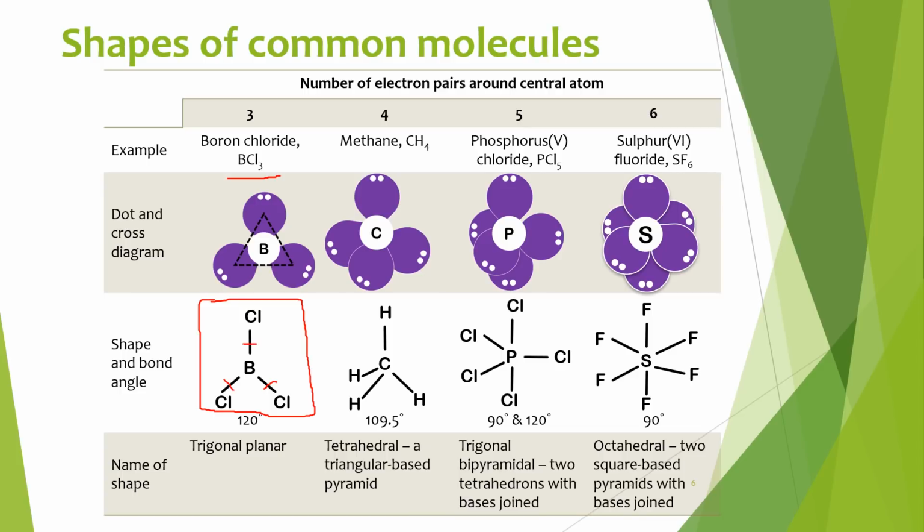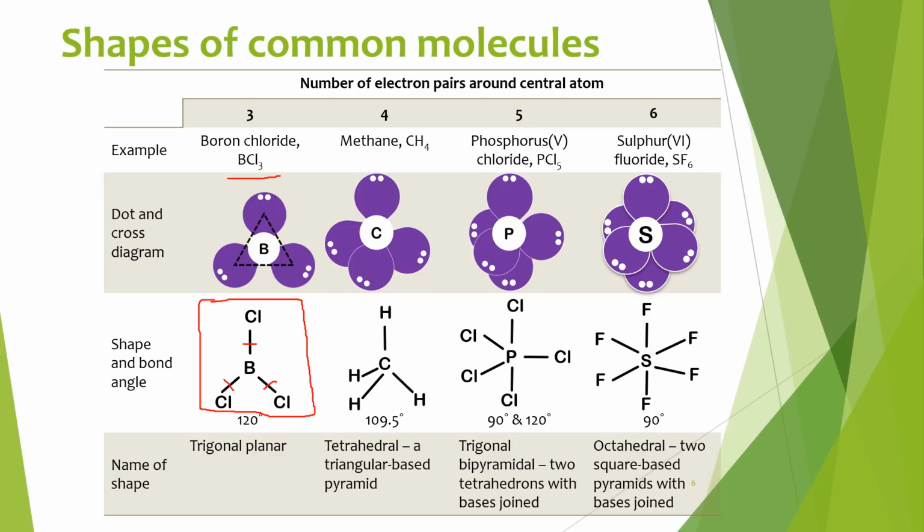And based on the rules on how to predict a molecular shape using VSEPR theory, when a molecule or ion does not contain any lone pair, it follows the basic molecular geometry. So this BCl3 only has three bonding pairs and zero lone pairs.